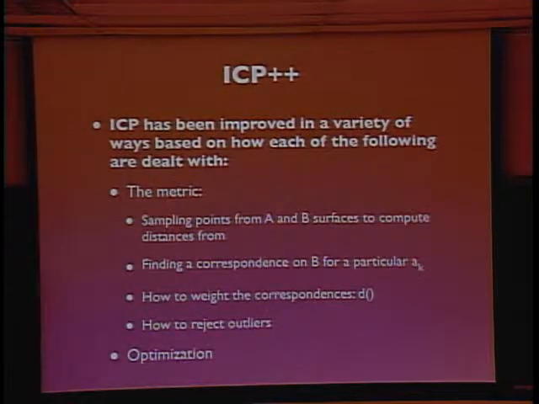Ways of finding correspondences and weighting the correspondences. This is what you're going to do in the homework assignment, actually, is find ways to weight the correspondences so that some of them have higher weight and some of them have lower weight. And then outliers: points that are very far off that have no corresponding point on the fixed mesh should not offer their opinion about how good the transformation is.